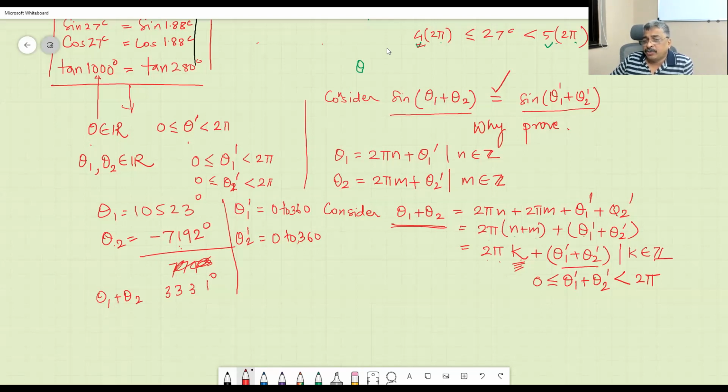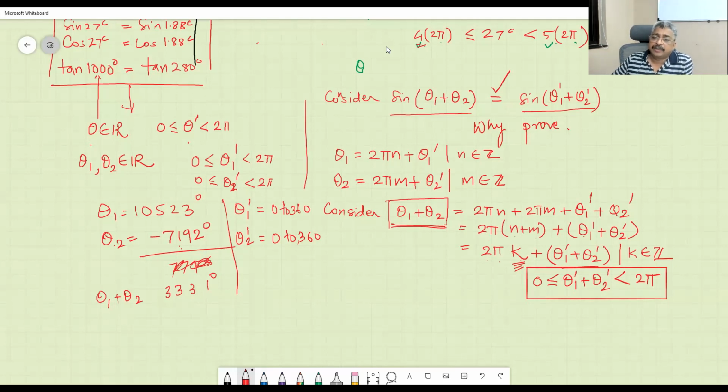Okay, so between two consecutive multiples of 2 pi, k and k plus 1, we will be able to catch this theta 1 dash plus theta 2 dash. Therefore theta 1 dash plus theta 2 dash is bound to be between 0 to 2 pi, no matter where theta 1 and theta 2 are.